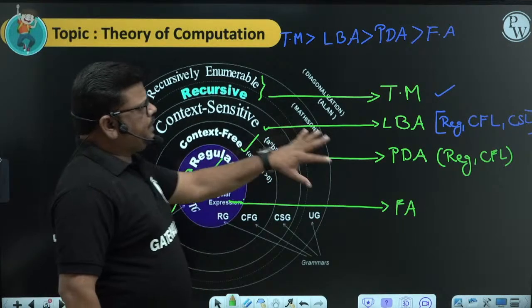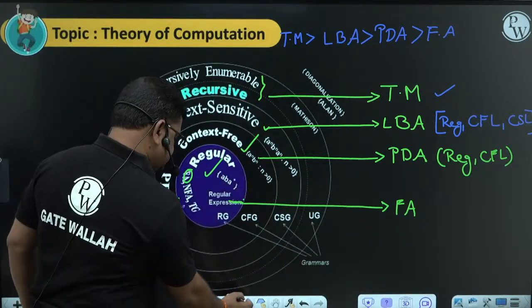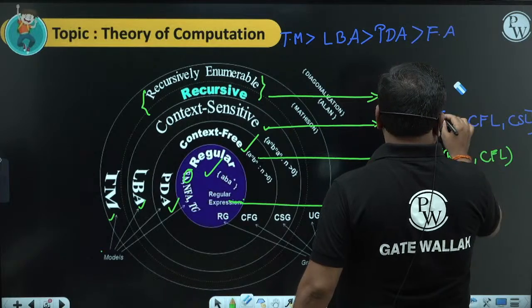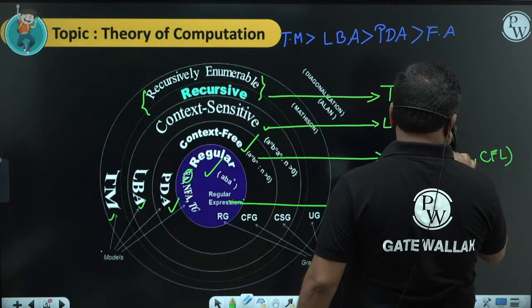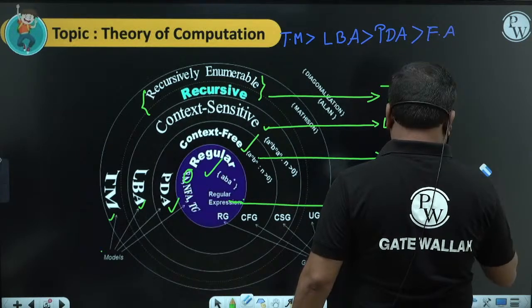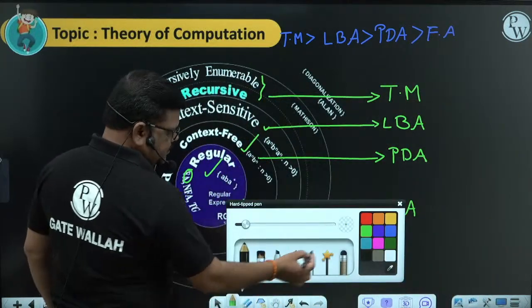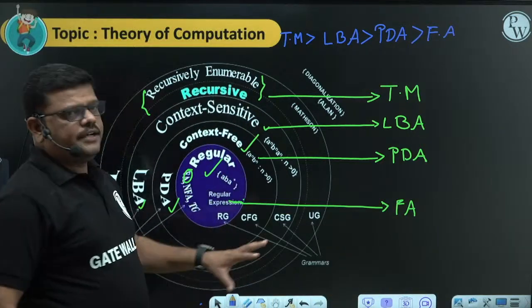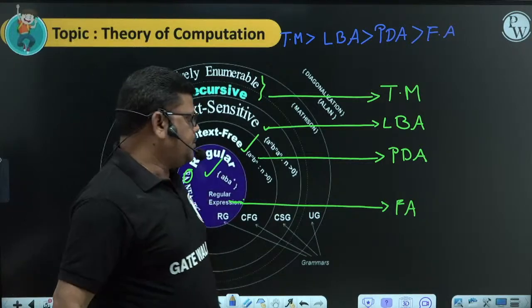Each of these automata exists in two versions, known as deterministic and non-deterministic. So whenever you say finite automata, we have deterministic finite automata and non-deterministic finite automata.